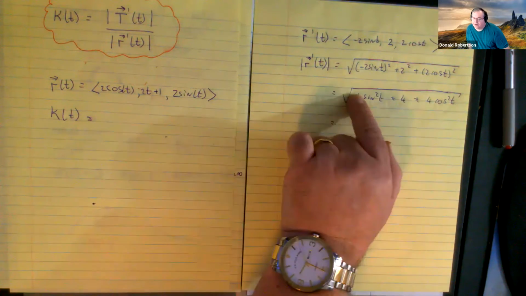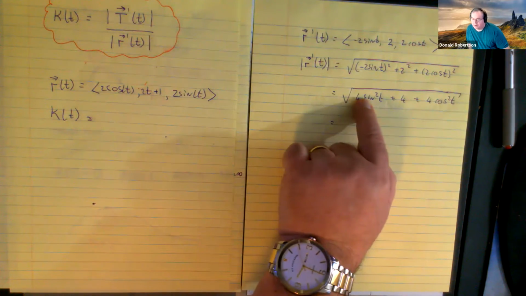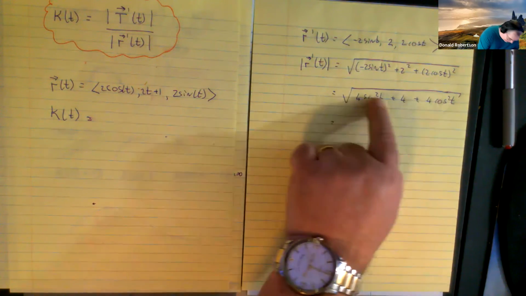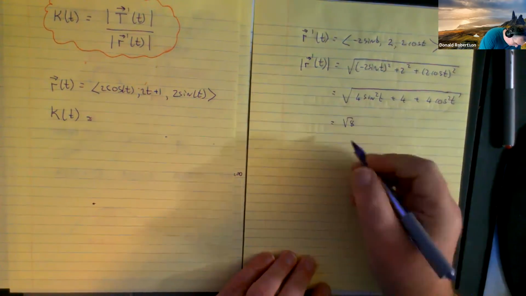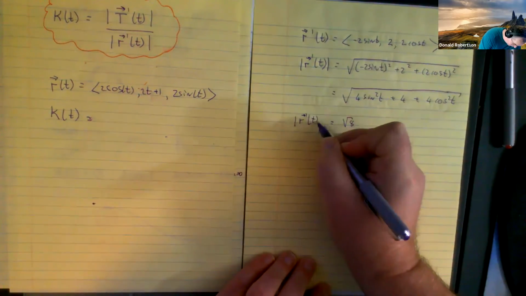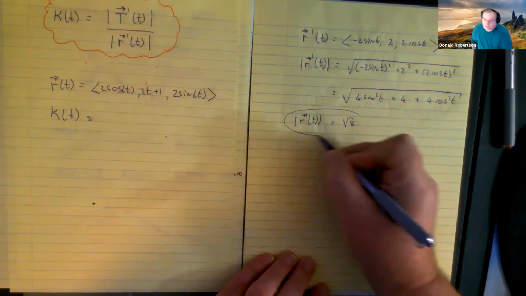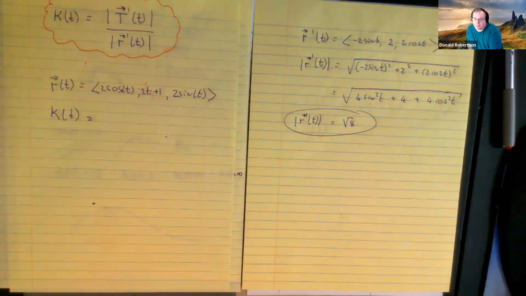What do you get out of this? You get 4 plus the 4 in the middle. Are we comfortable or happy with the magnitude of the first derivative is the square root of 8? Okay.